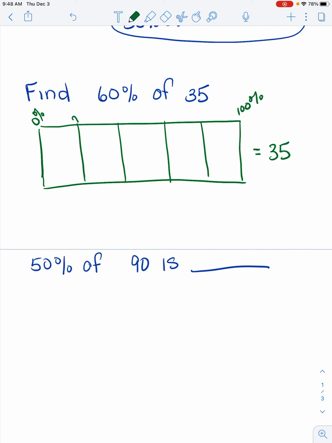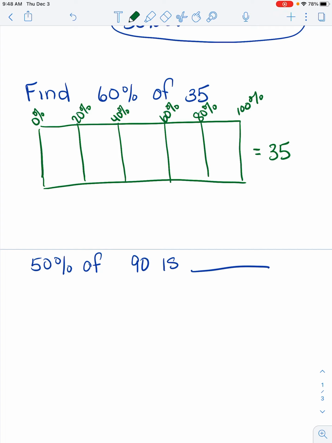So 0, this would be 20%, 40%, 60%, 80%, and that would be 100. And the whole 100% is equal to 35. So how am I going to find what goes in each box?